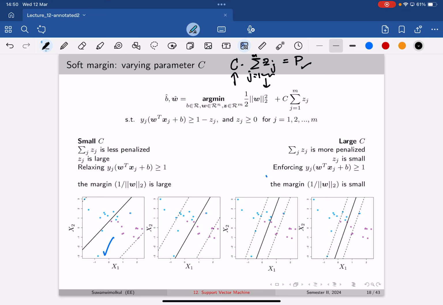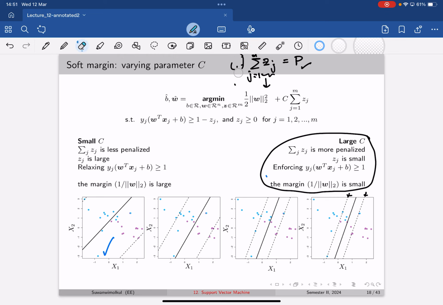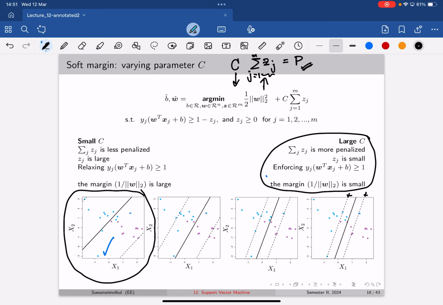We go back to the original problem of the SVM. That is, if we increase C, we go back to this case. That means our margin will become small because it tries to minimize the effect of the crossing. But if this C value is small and we still fix the value of P, then the sum of ξj here will be large. That means you enable the relaxation and therefore you get a lot of crossing. You allow the margin to be very large.